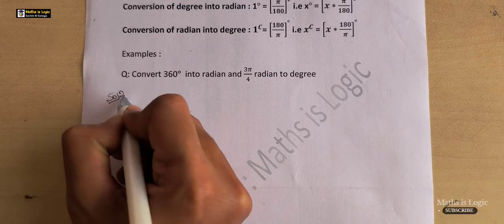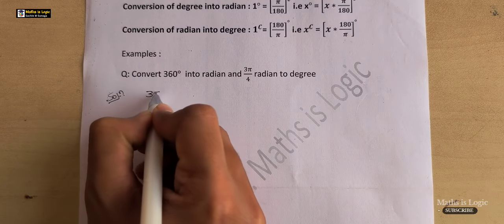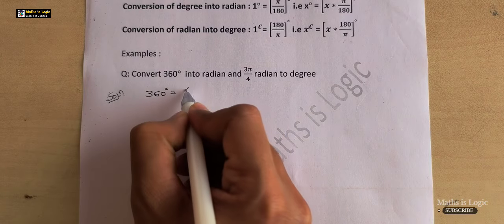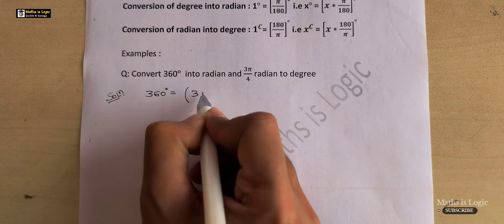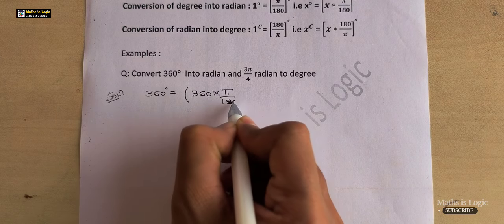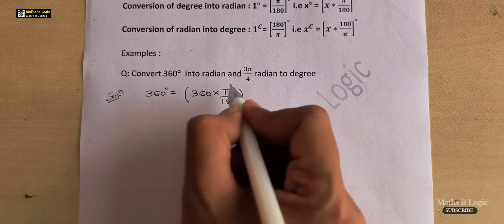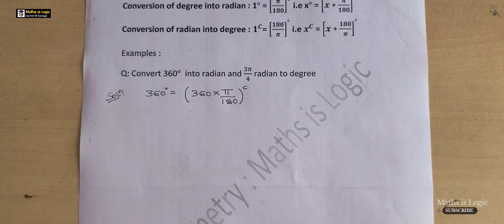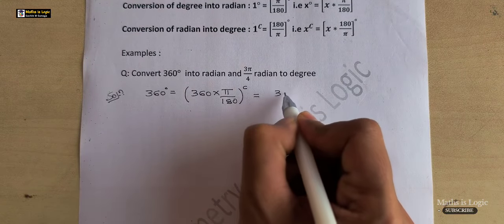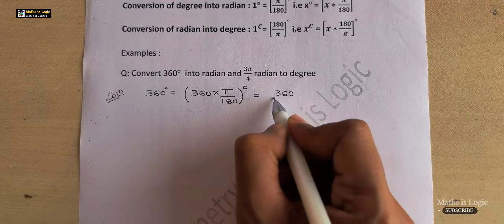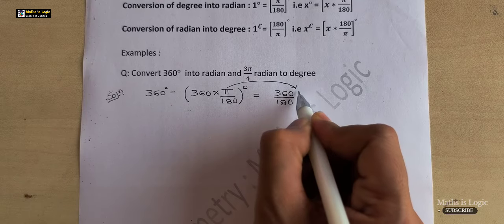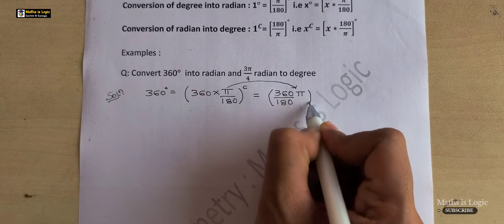So in the solution, first write 360 degree. If you want to convert degree to radian, for this given 360 multiply by pi divided by 180. Then only this degree will convert into radian. Next, I want to rewrite 360 divided by 180, and this pi I am going to keep as it is, radian.